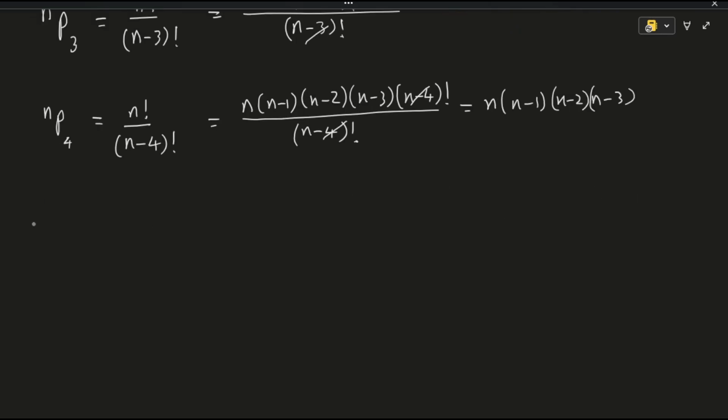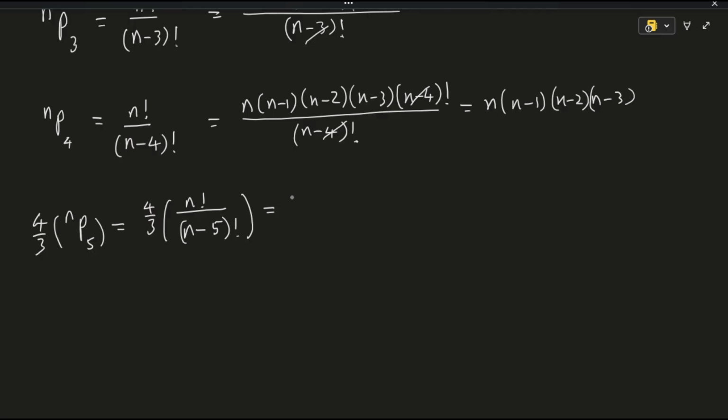Now our third term, 4 over 3 n permutation 5, will be given by 4 over 3 n factorial over n minus 5 factorial.